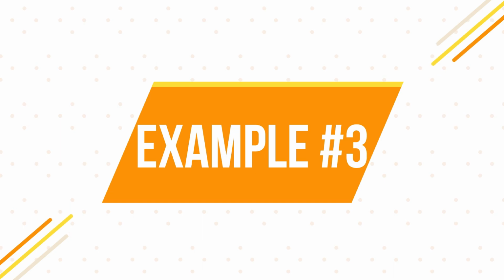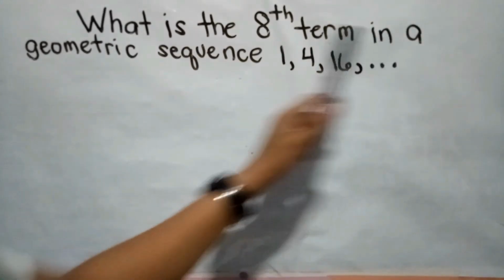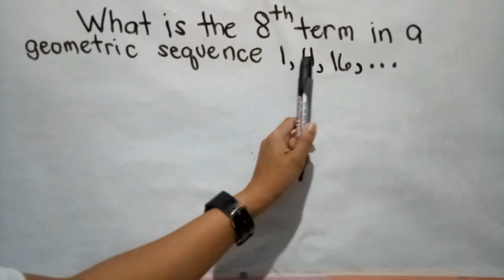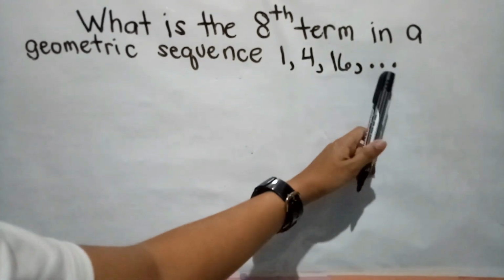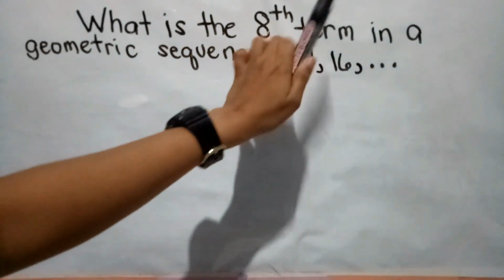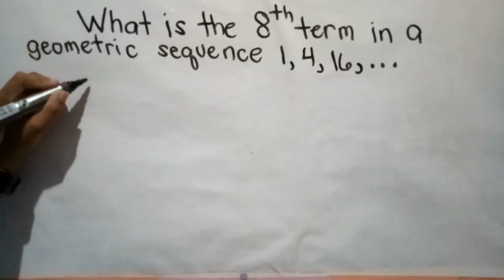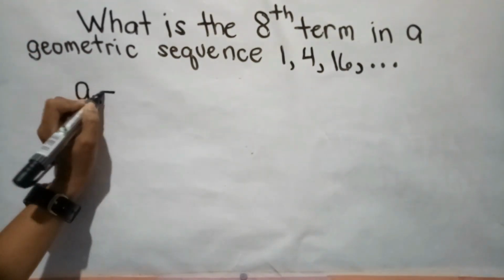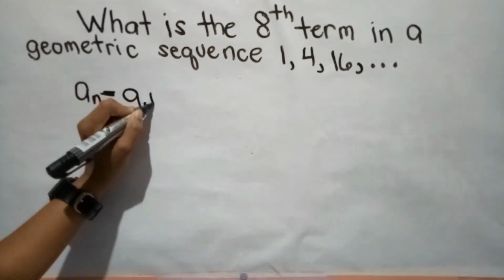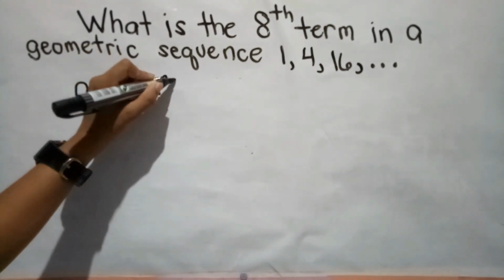Example number 3. What is the 8th term in a geometric sequence 1, 4, 16, up to the 8 terms? In finding the 8th term, we can use the formula for geometric sequence, which is a sub n is equal to a sub 1 times r raised to n minus 1.